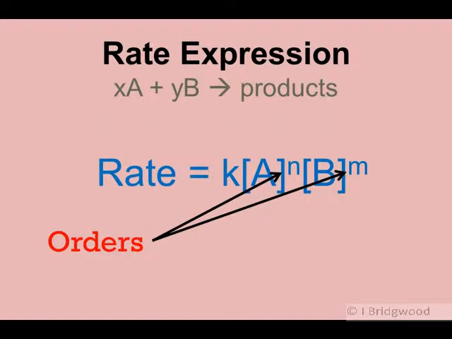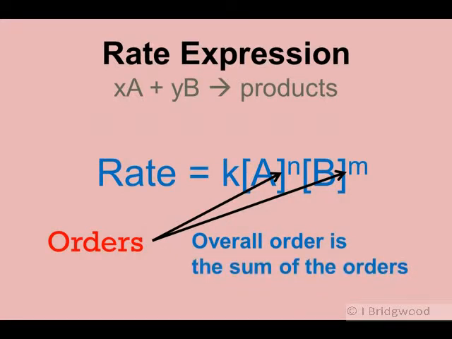But if n was equal to 1 and m was equal to 2, the overall order, which is the sum of the orders, is going to be equal to 3. So n equals 1, first order with respect to A, m equals 2, second order with respect to B, third order overall.